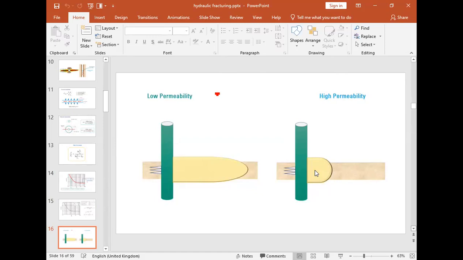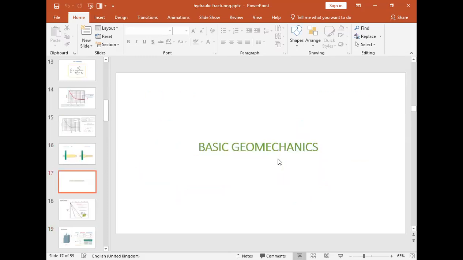So I have a smaller zone that has been fractured, but it has a higher fracture height. But for a low permeability reservoir, you have a higher fracture half length than fracture height. So when you compare the two, this particular case will be higher than in this particular case.